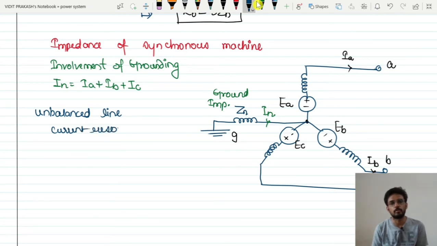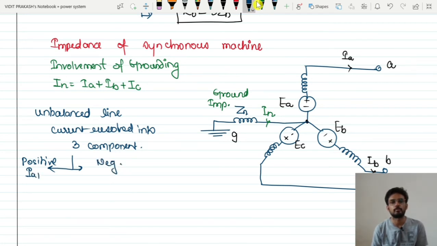First is the positive sequence current, that is IA1, second is the negative sequence current, that is IA2, and third is the zero sequence current, that is IA0.